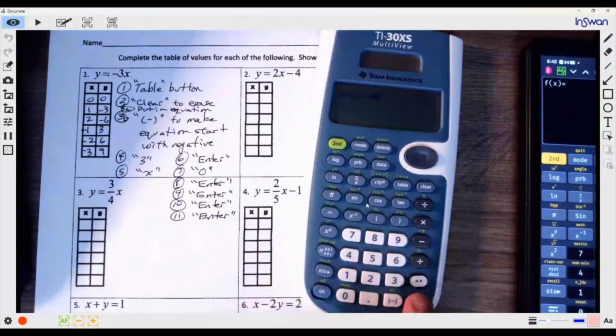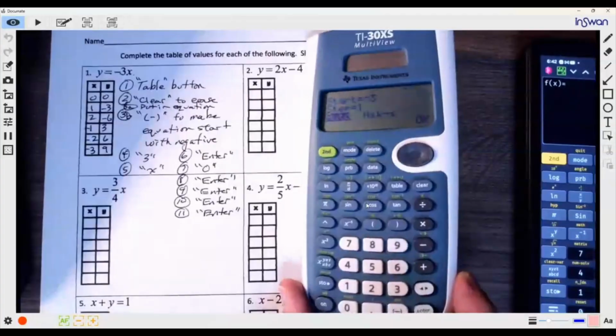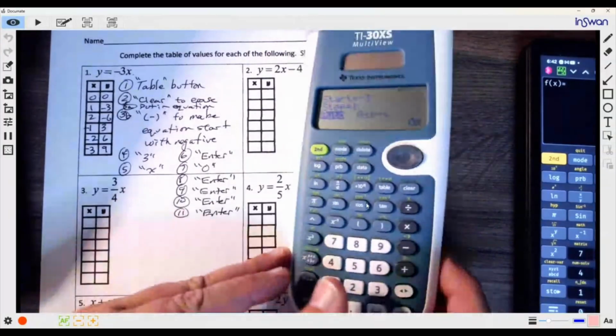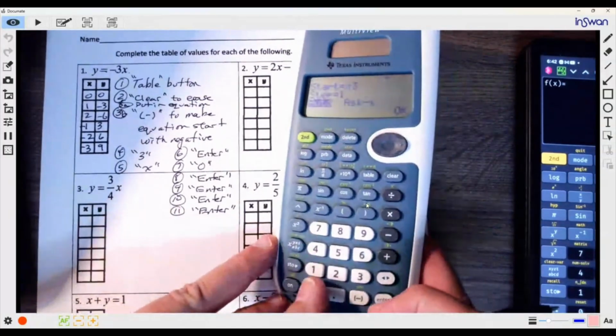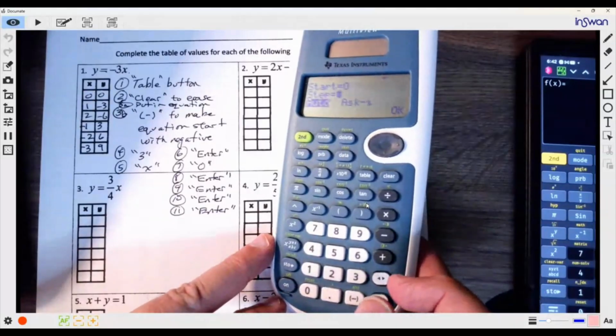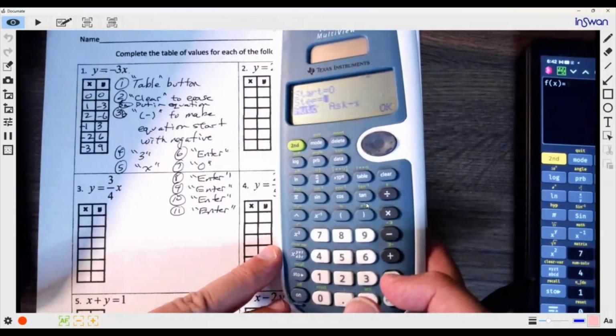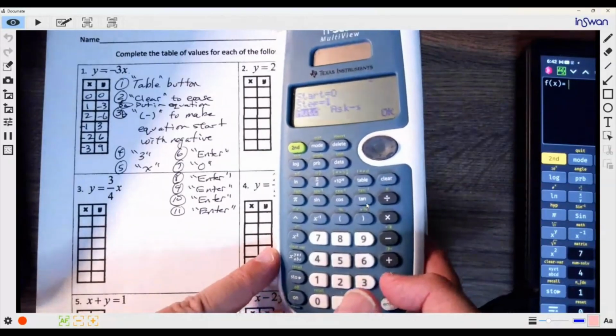Then we hit enter down here in the bottom, enter. It takes you to the screen where you need to do the setup. It's asking, where do you want to start? We're going to start at 0. Enter. By how much do you want to increase to go to the next value for x?